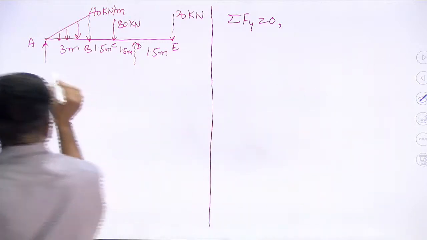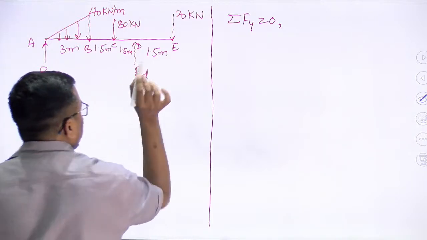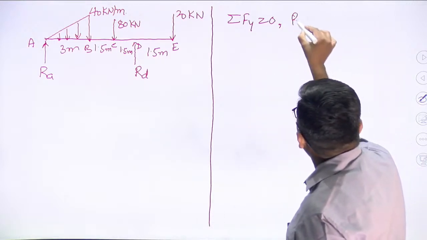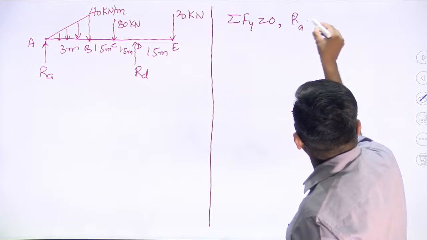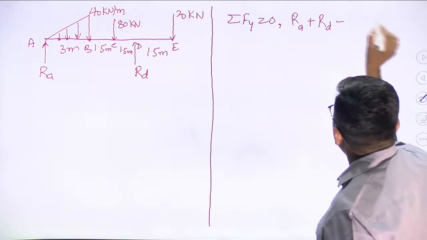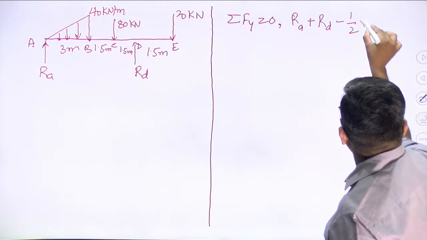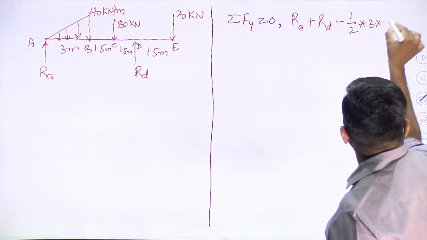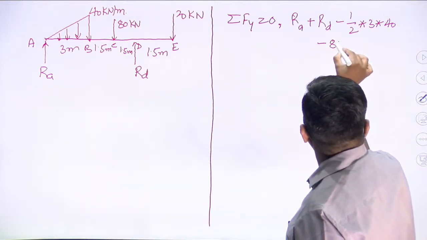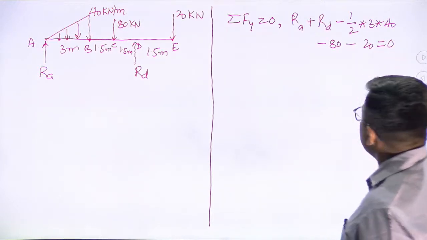There are two supports. At A there is a support reaction RA, at D there is a support reaction RD. So I can write RA plus RD, these are the two upward forces, then minus the downward force of the UVL, which is the area of the triangle, half into 3 into 40, then the point load at C, that is minus 80, and the point load at E, minus 20, equal to 0.